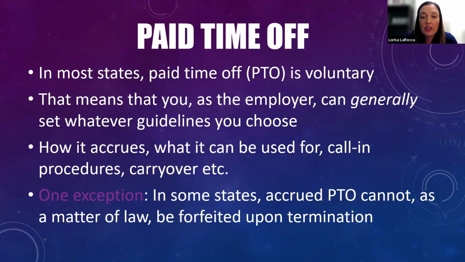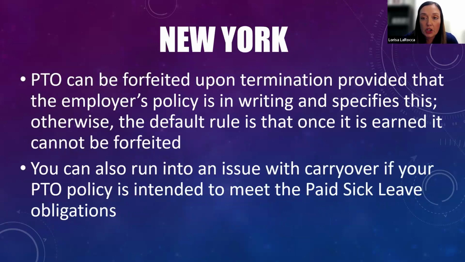So just make sure that in all of the states that you're operating in, you check whether there are specific rules related to that accrual and forfeiture. Here in New York, PTO can be forfeited upon termination, but you have to make sure that your policy is in writing and that it specifies that, okay? If you don't, even here in New York, the default rule is that once it is earned, it can't be forfeited.